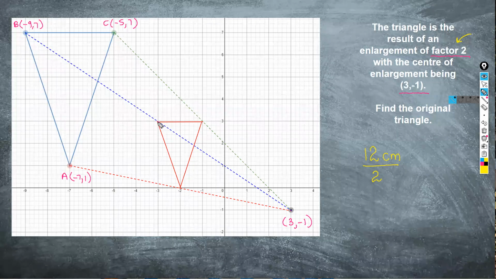The corresponding side is only 1, 2. 2 is half of 4. So at the end of the day, if the scale factor was 2 and you're trying to get back the original triangle, you're measuring the length and dividing by 2. It's kind of common sense.